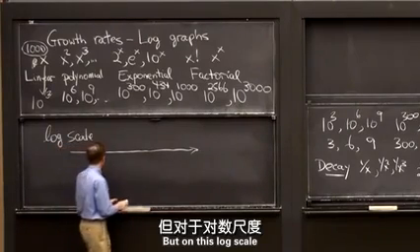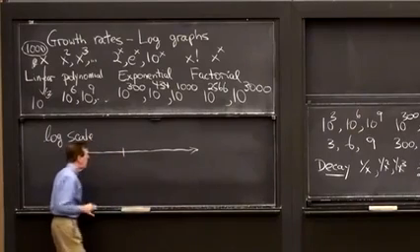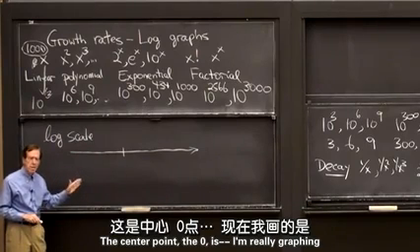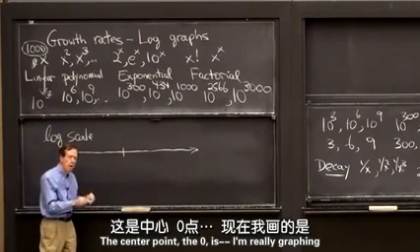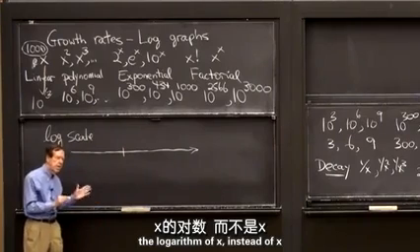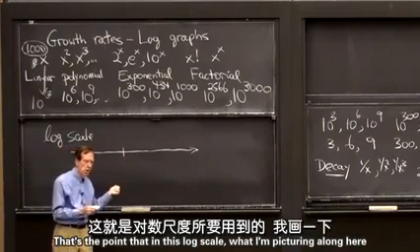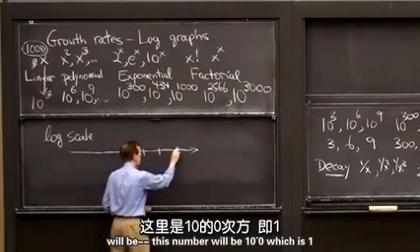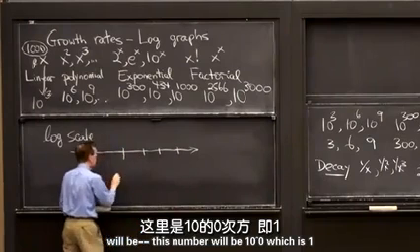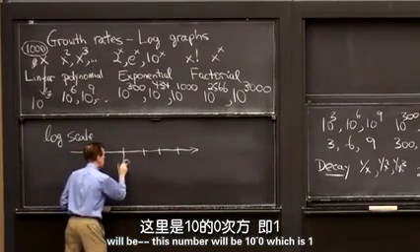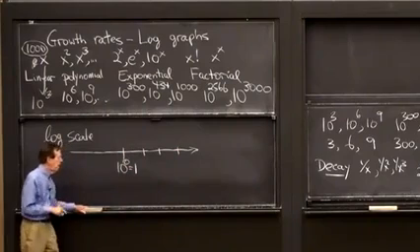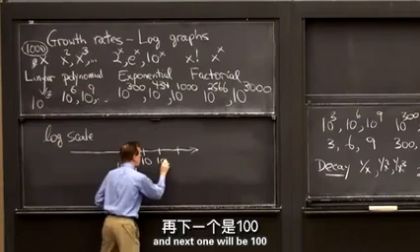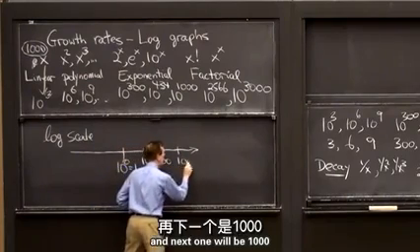But on this log scale, the center point, the 0, I'm really graphing the logarithm of x instead of x. That's the point. In this log scale, this number will be 10 to the 0 power, which is 1. The next one will be 10. The next one will be 100. The next one will be 1,000.